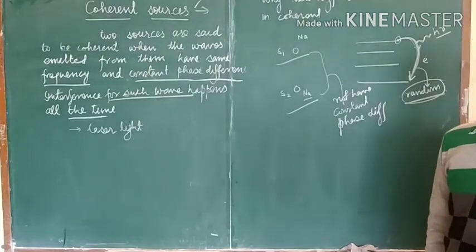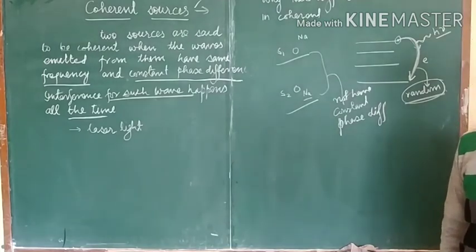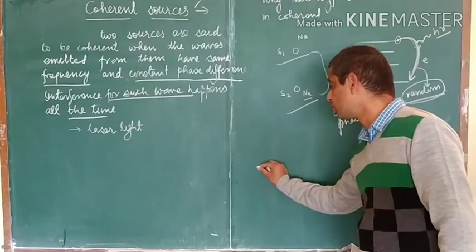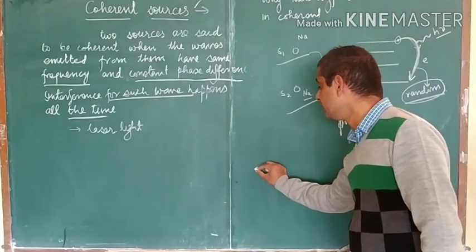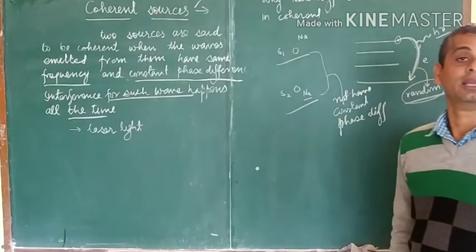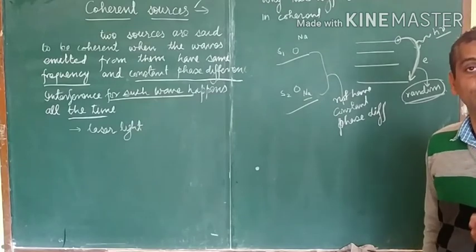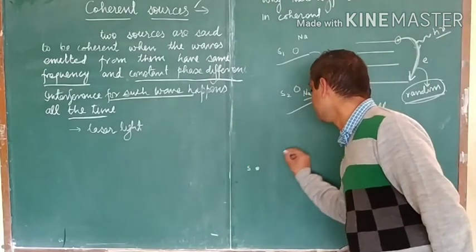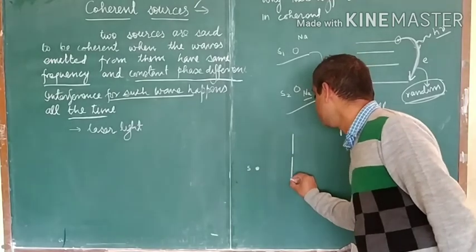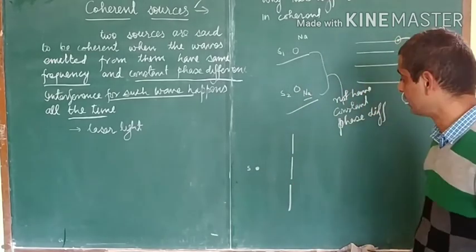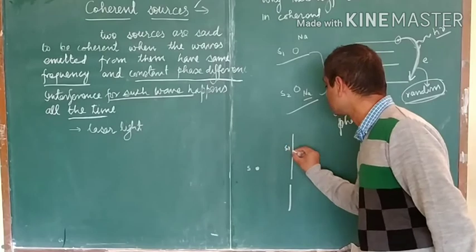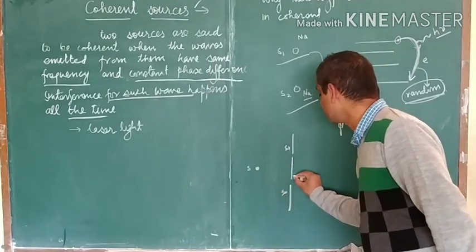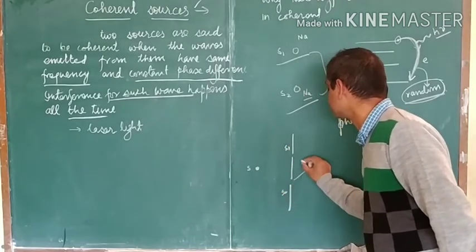Now the question is, how can we have coherent sources? Coherent sources can be obtained if you divide a single source into two sources. Suppose I am having this source S and I divide it into two parts, here S1 and S2, with the help of these slits.